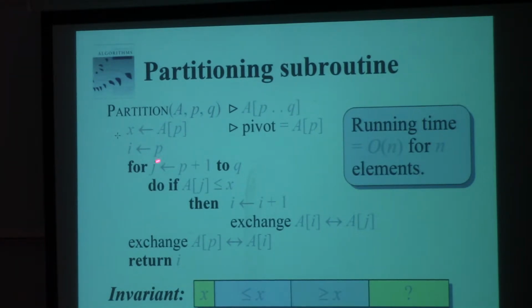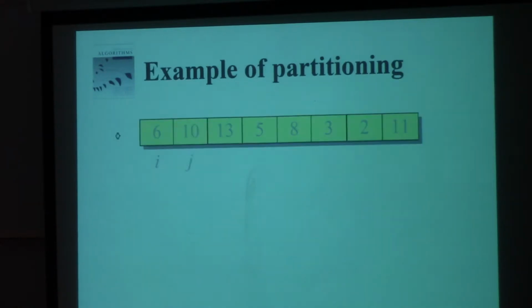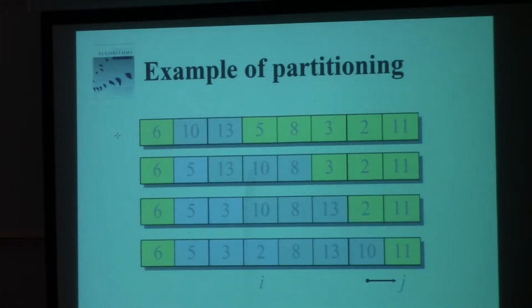Then J goes to the pivot plus 1 and tries to move forward. If AJ is less than or equal to X, then I is increased, and we exchange AI with AJ. And we continue. That's the whole algorithm we saw. Finally, after we're out of this loop, we exchange AP, which is the pivot, with AI, and that places the pivot right in the spot where it's supposed to go. So you can see how that works.